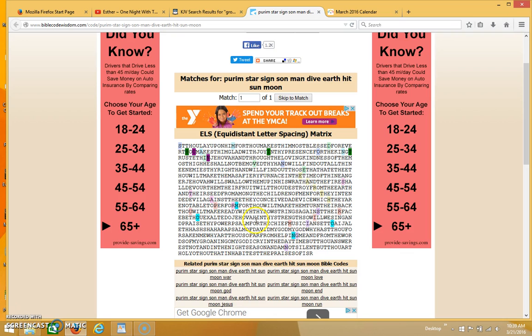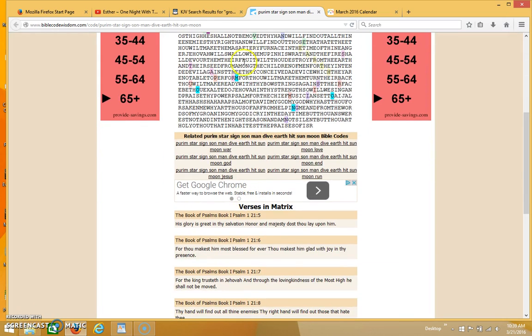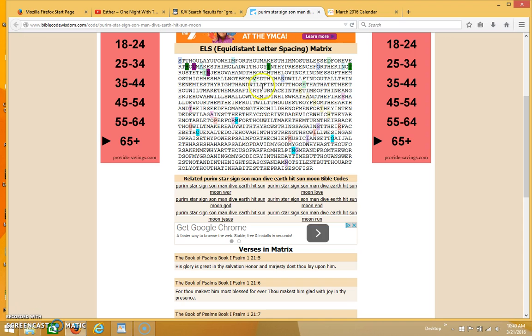So there's a parallel between that, as well as with the first Purim, when Haman had devised a plan to exterminate the Jews, and God helped them when Esther fasted for 3 days and then went before the king and interceded for her people Israel. So this seems to be prophetic to Purim in the last days.